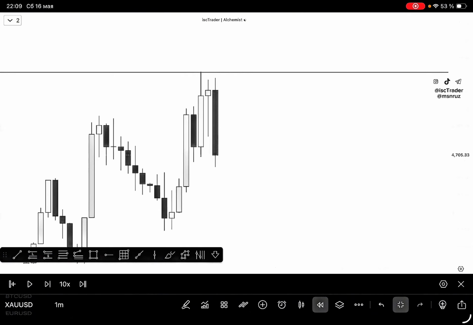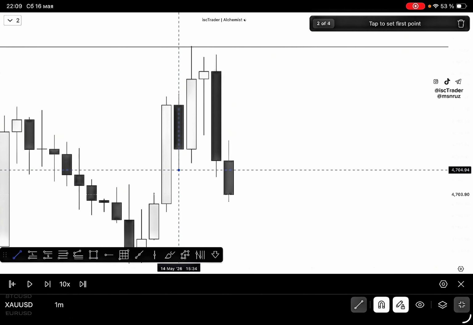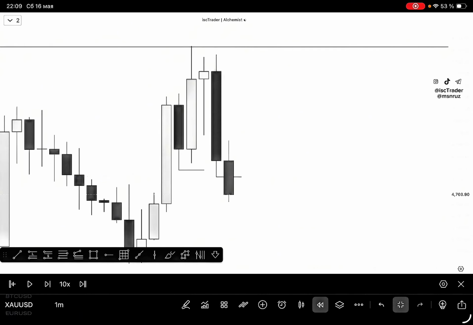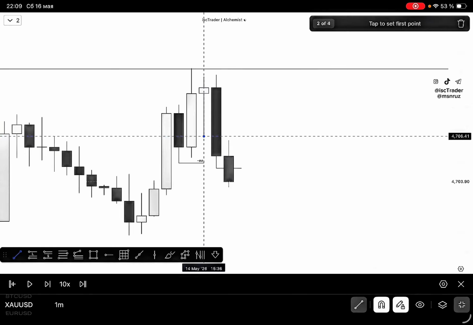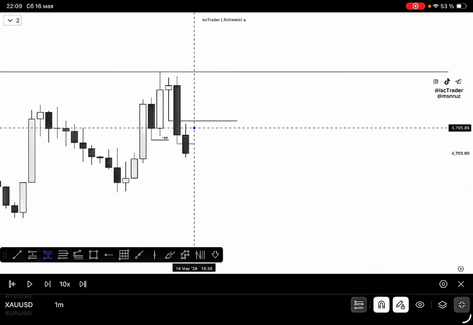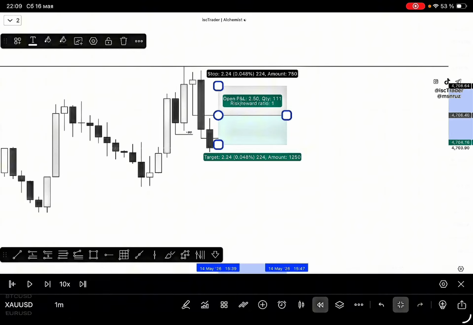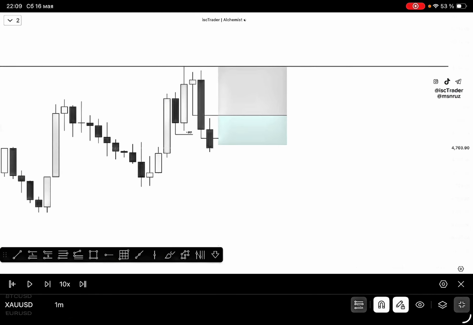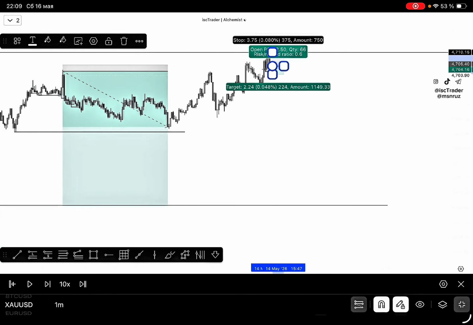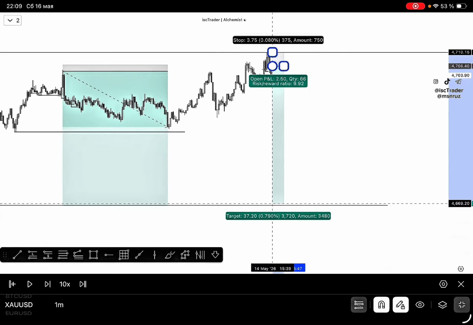Now we need to wait for a breakout. Breakout. And a key level order block. Stop loss, valid high. Take profit, CRT low.